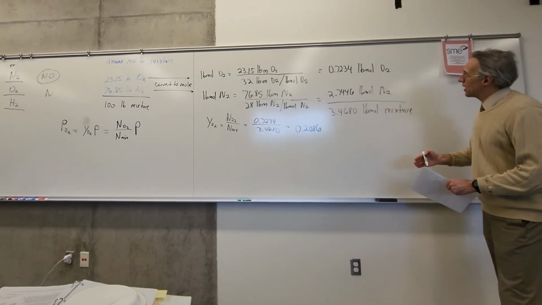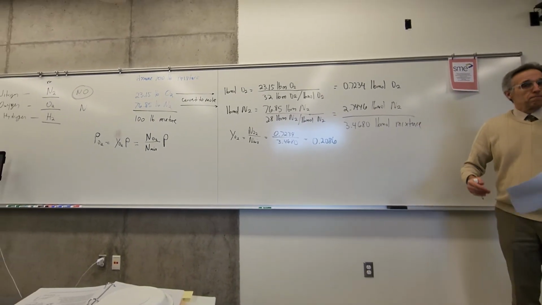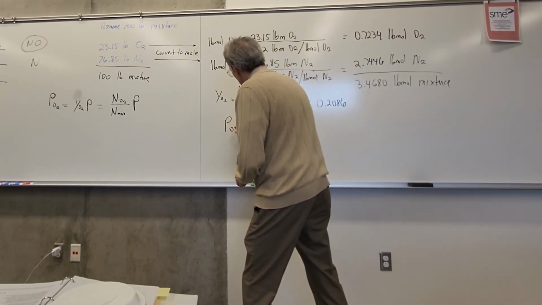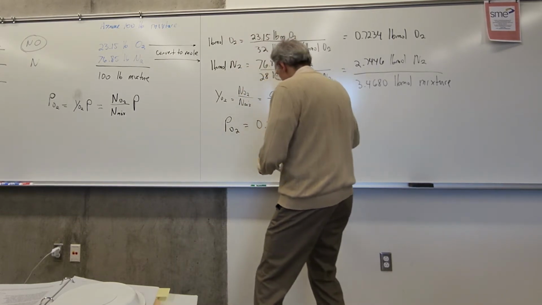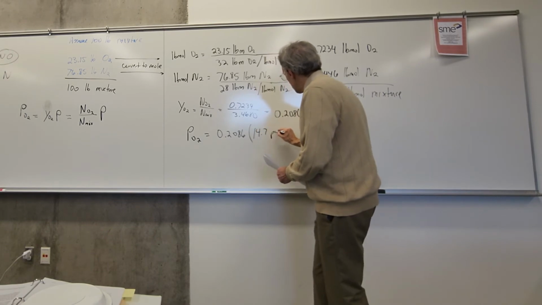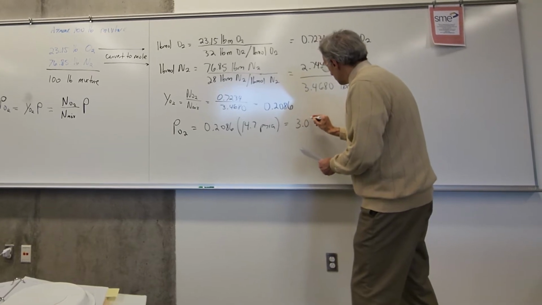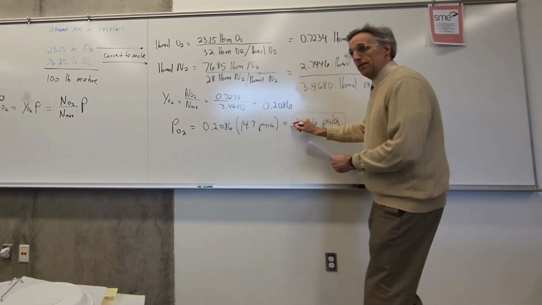So our mixture is about 20%, 21% oxygen by moles, on a molar basis. So then our partial pressure of O2 is equal to 0.2086 times the total pressure, which is 14.7 psi. That gives us 3.066.